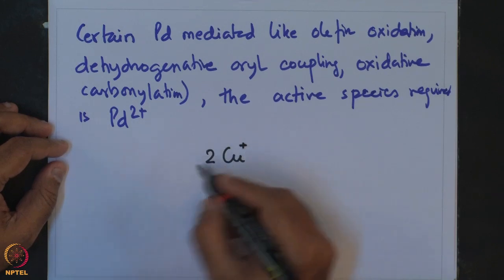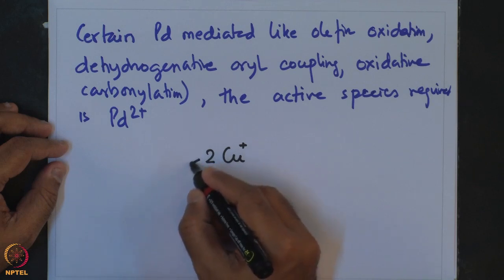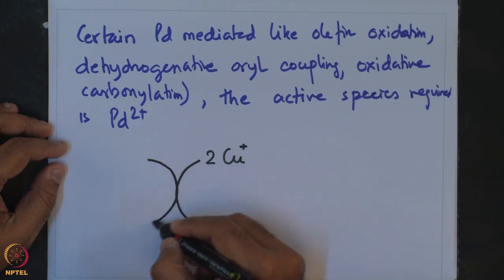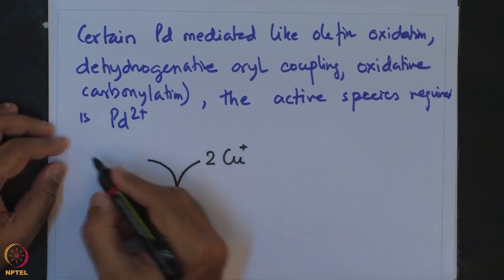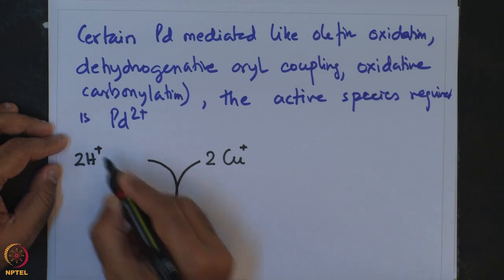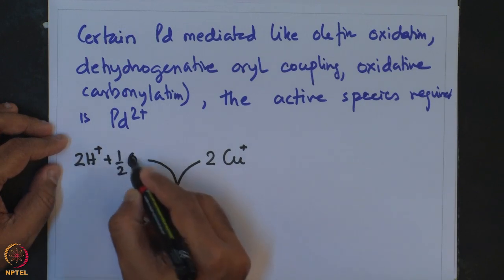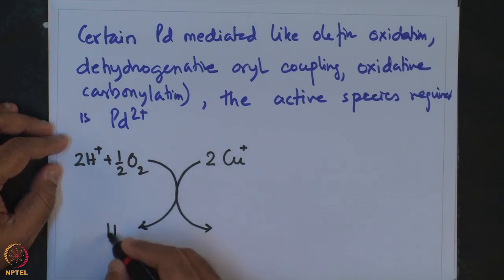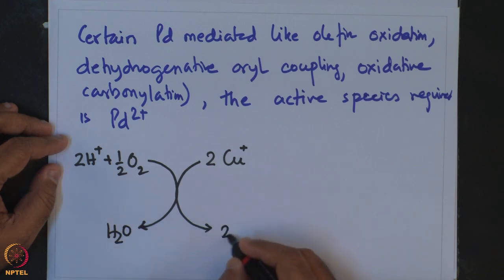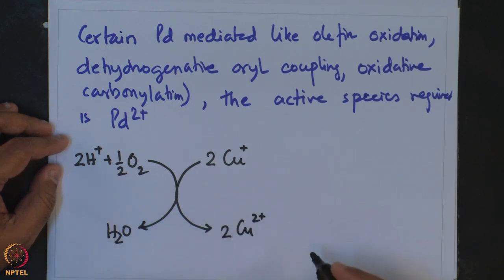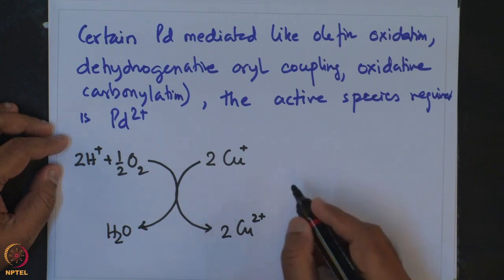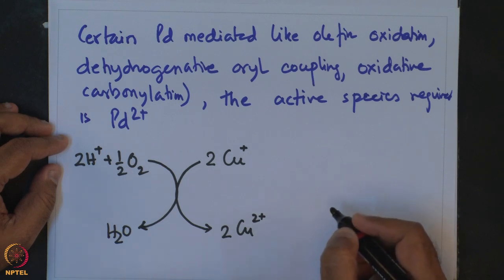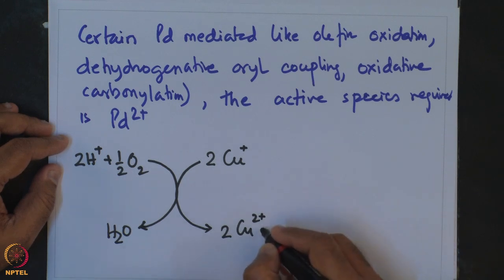2 Cu plus reacting with 2 H plus and half O2, oxygen, generating H2O and 2 Cu2 plus. Now, this 2 Cu2 plus would then oxidize the palladium 0 precursor to give the active species palladium 2 plus in the following way.